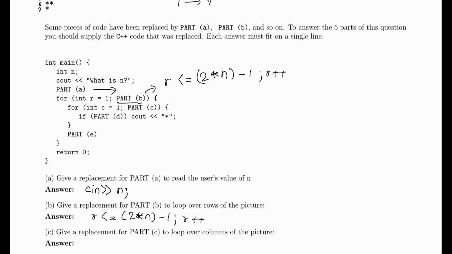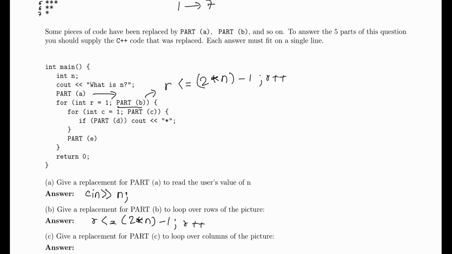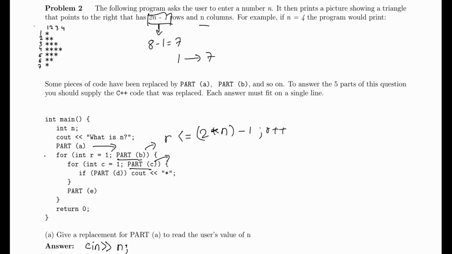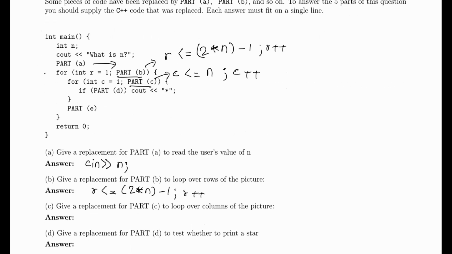And then part C. This is the inner loop, which is about the column. The other is row, this is column. The column goes from 1 to n, so you can just write c equals 1, c less than or equal to n, c plus plus.